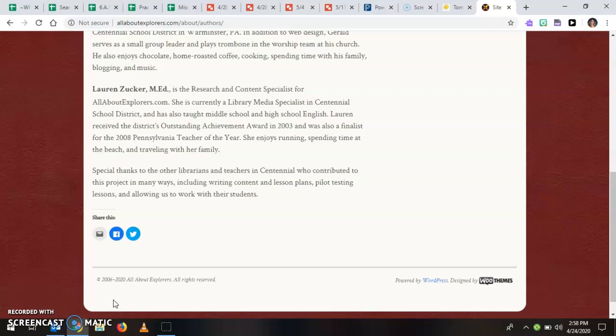Considering nothing else, only looking at the year, is 2020 current enough to learn about Christopher Columbus? Yes. Okay. So make sure when you're looking at that currency that you're only thinking about the date. And again, 2020 is going to be current enough to learn about anybody, including a historical figure.